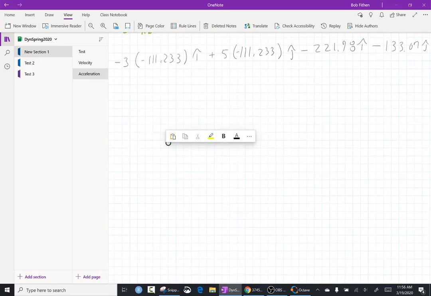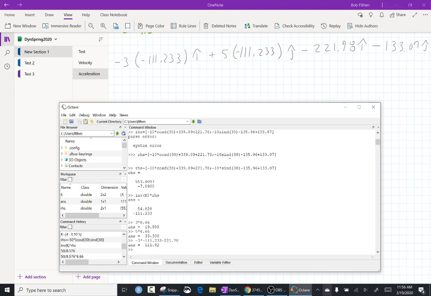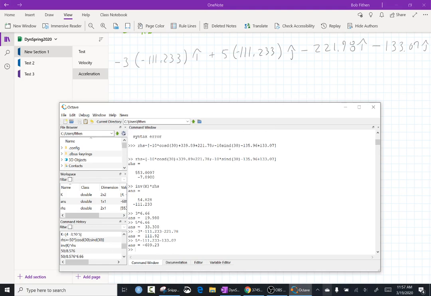So I can calculate it real quick using Octave. Minus 3 times minus 111.233 minus 221.78. That gives me the I component. And then the J component, 5 times a minus 111.233 minus 133.07. Woo.